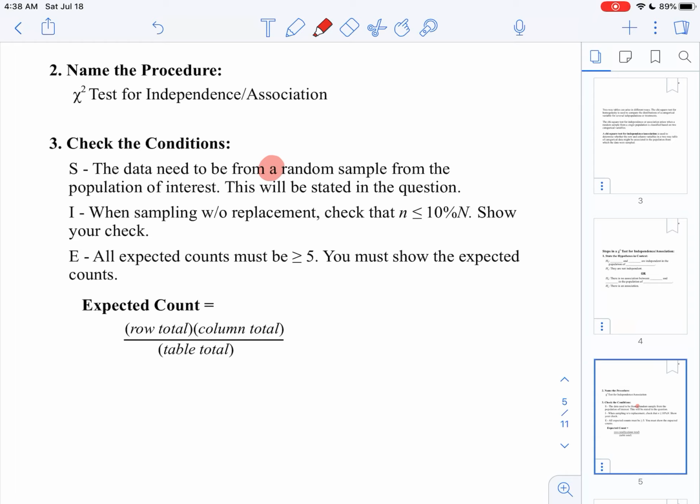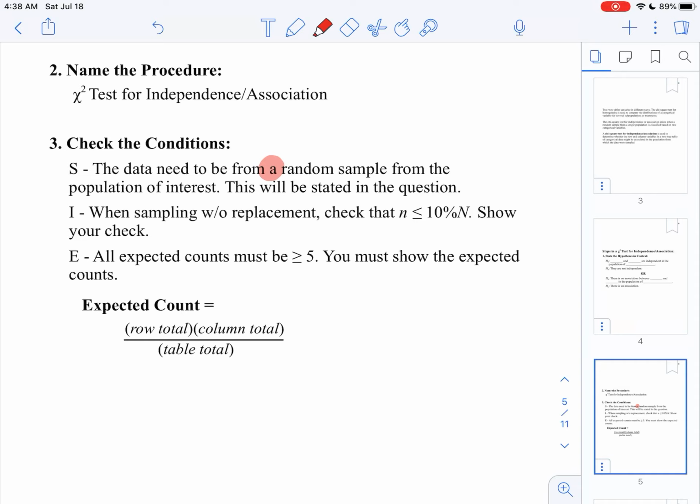That really helps me decide which kind of test it is if the wording of the question isn't clear. And obviously, it's going to be from the population of interest, and they'll have to tell you that in the question. And our I is the same as it's always been.